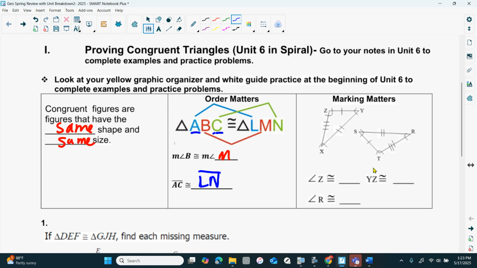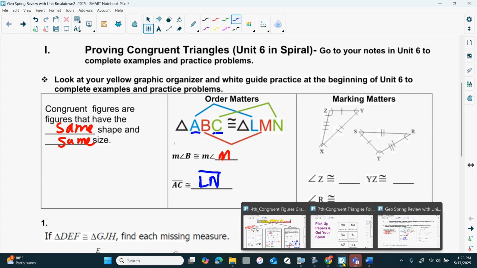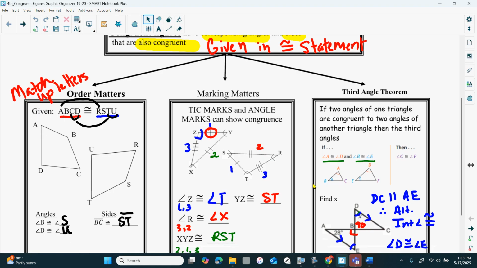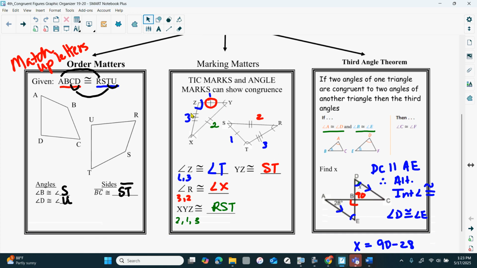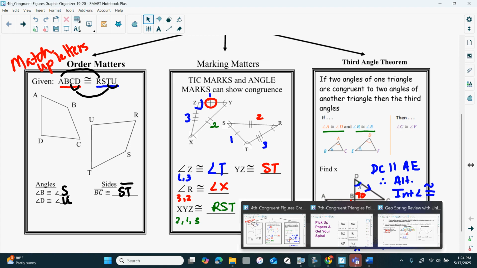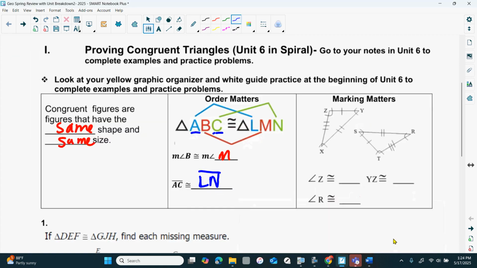And then here, the markings matter. On the graphic organizer, we talked about looking at the number of the markings, so 1, 3, 2. You want to have a combination of that when you're doing this. So let me go back to our example. Or if you just want to copy it from our graphic organizer, you can.